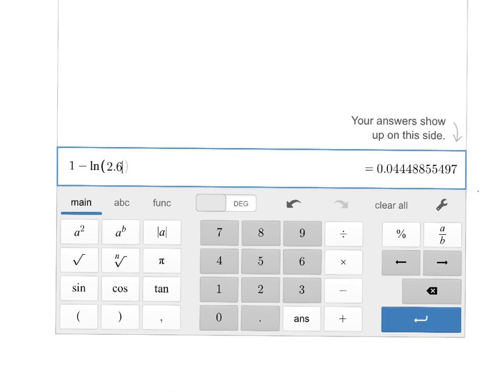So 2.6 is positive. 2.8 is negative. Okay, so let's go back. 1 minus ln 2.8 is negative. Yeah, sorry.